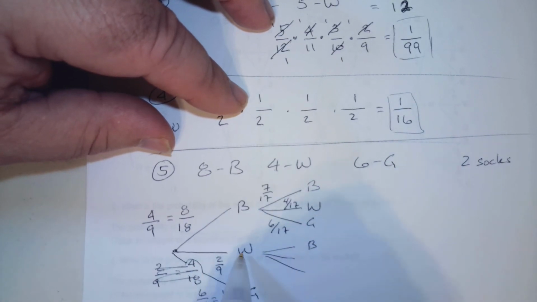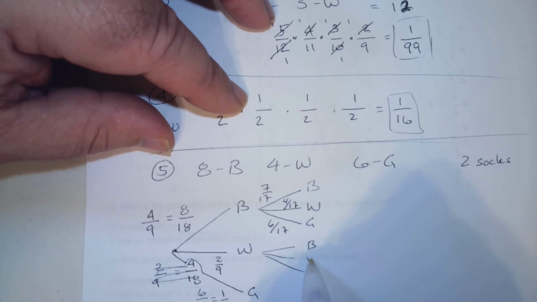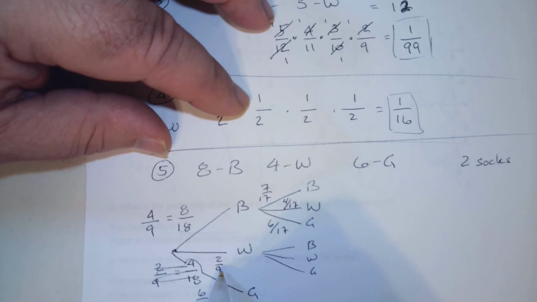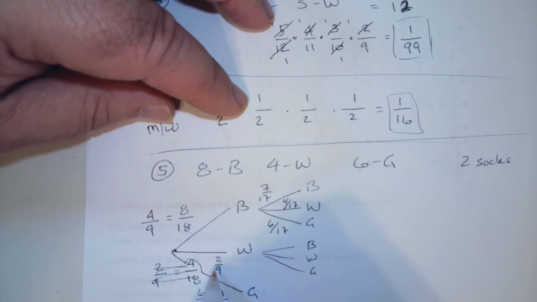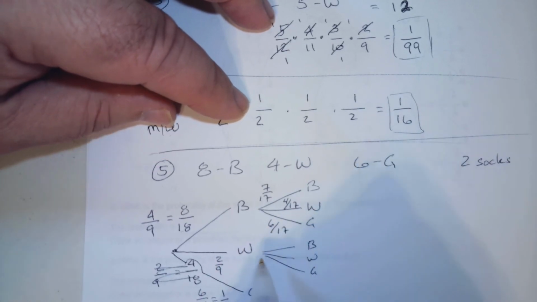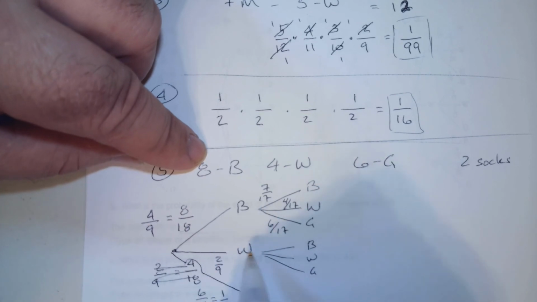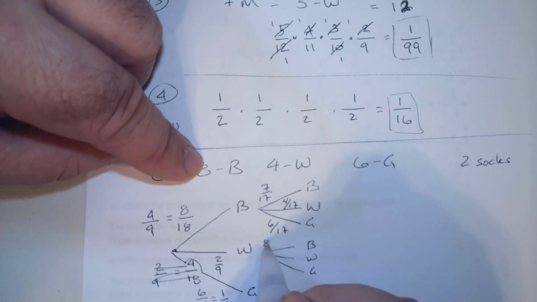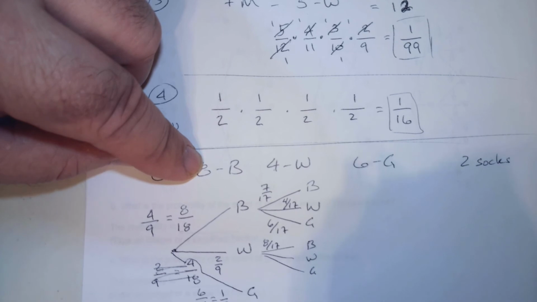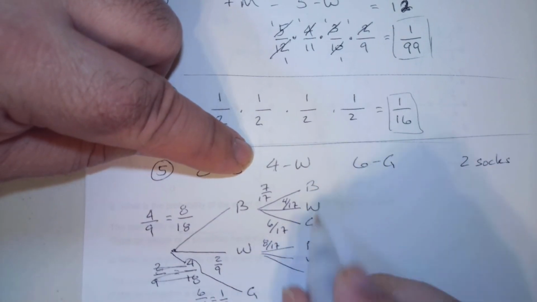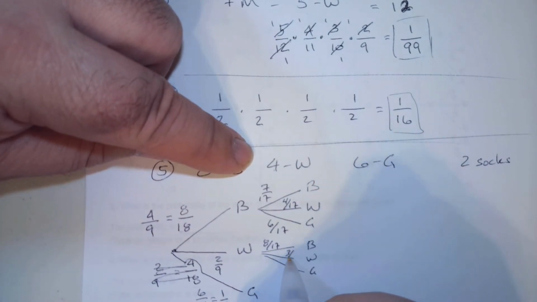Now, if the first draw was a white sock, what's the chance of getting a blue, white, or gray? So we took the white sock and we kept it. So now there's only 17 socks left. Since we drew a white sock, we still have 8 over 17 blue socks. We're 1 short of a white sock, so it's 3 over 17.